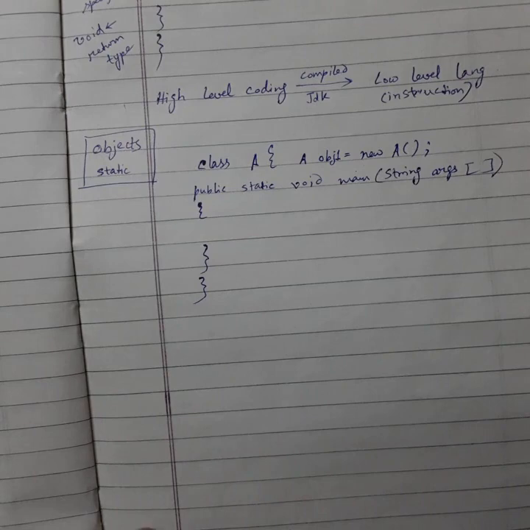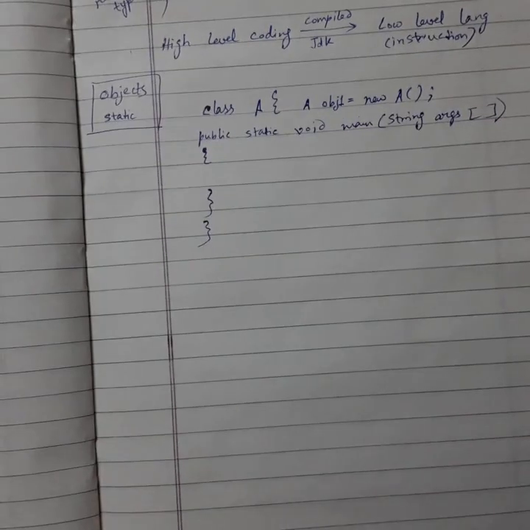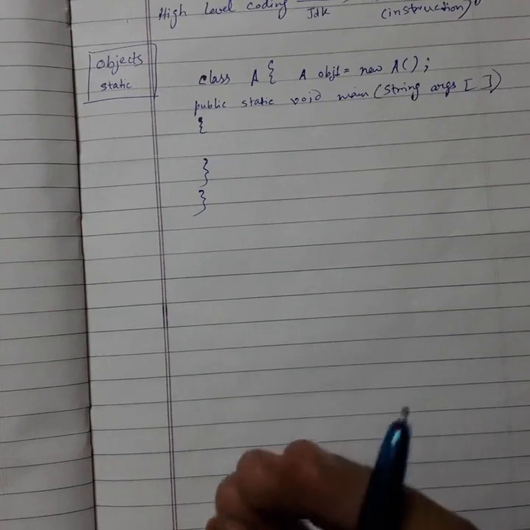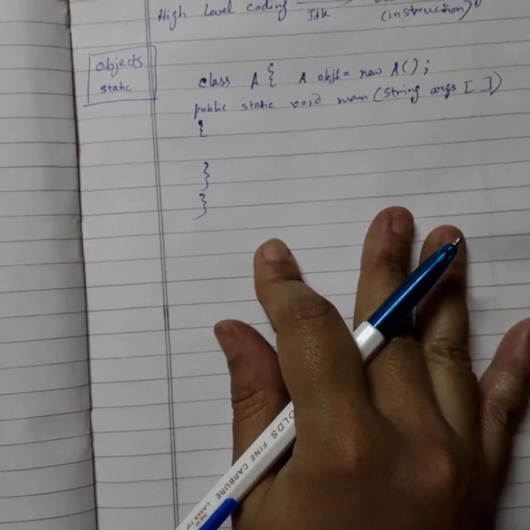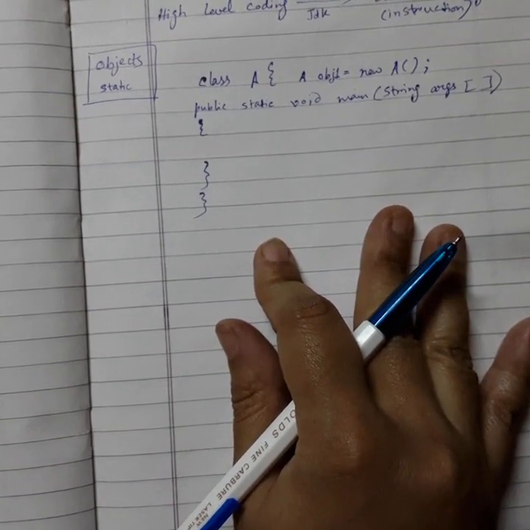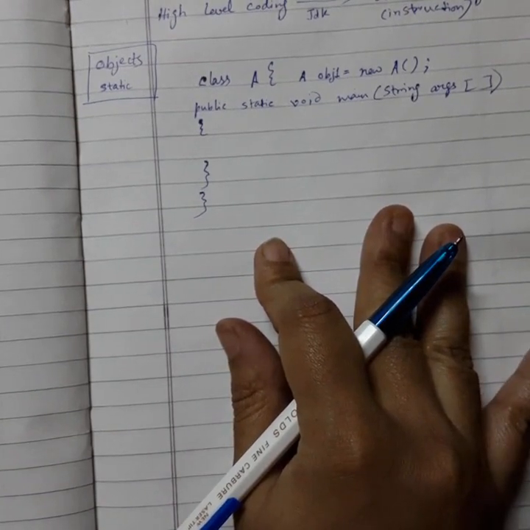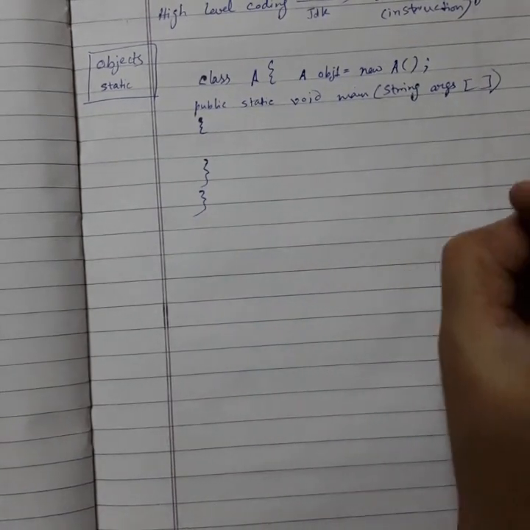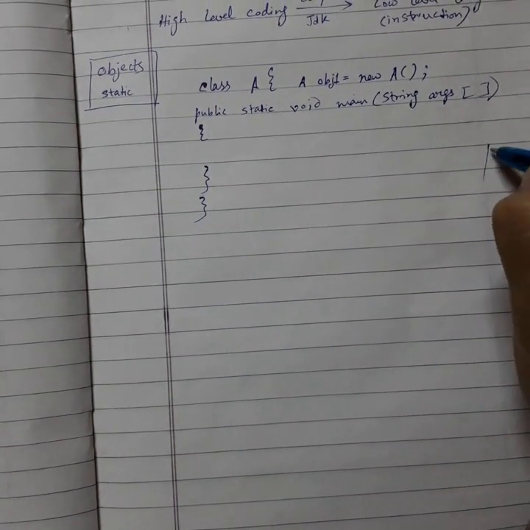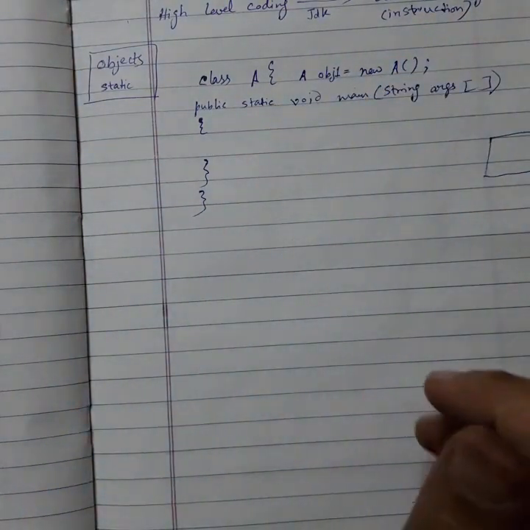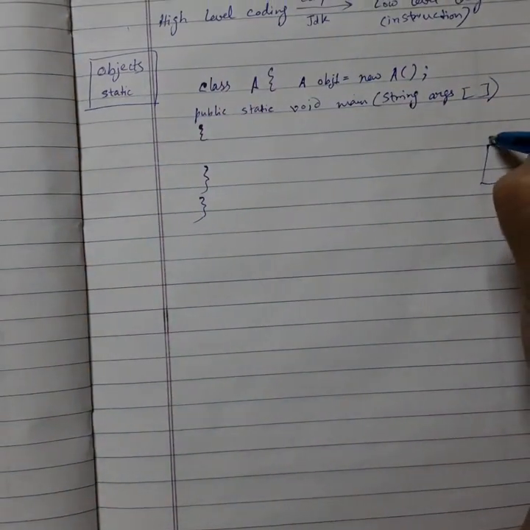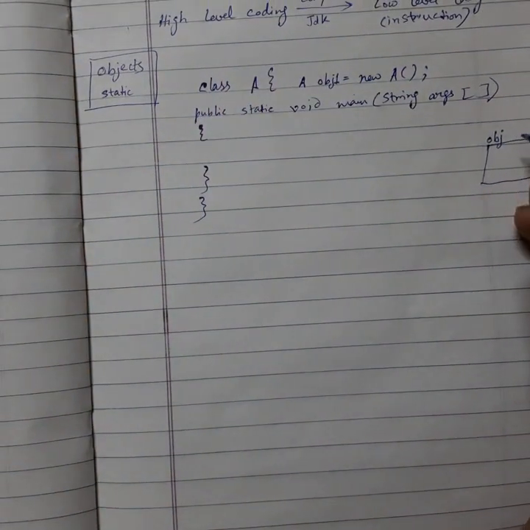It means that in the memory of the computer, in the random access memory of the CPU, central processing unit, some space has been allocated for this object of this class, which has got a name of obj1.